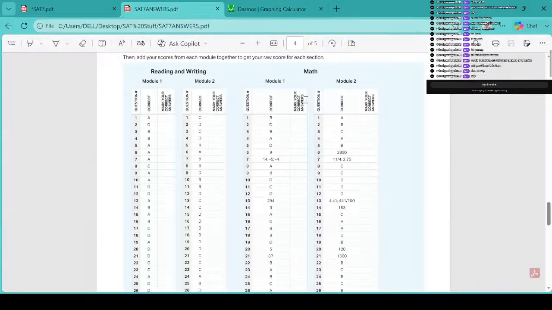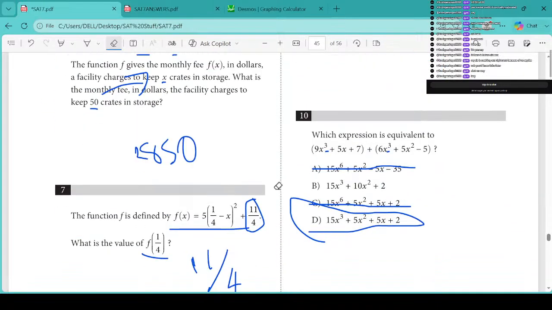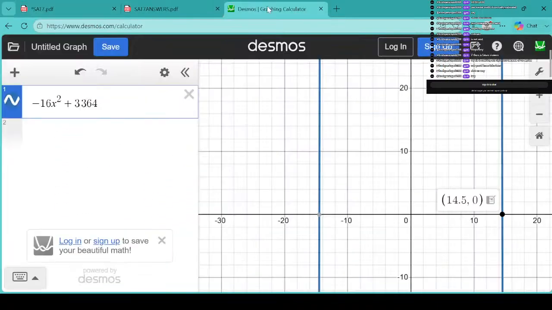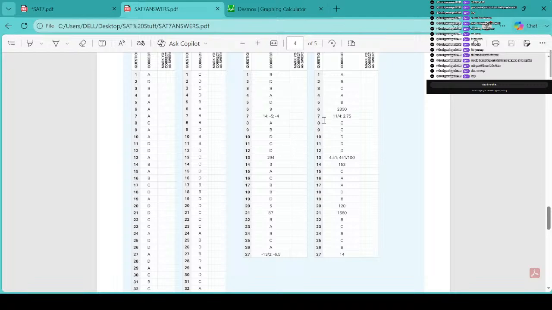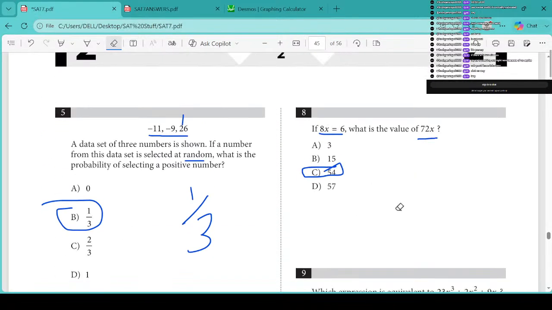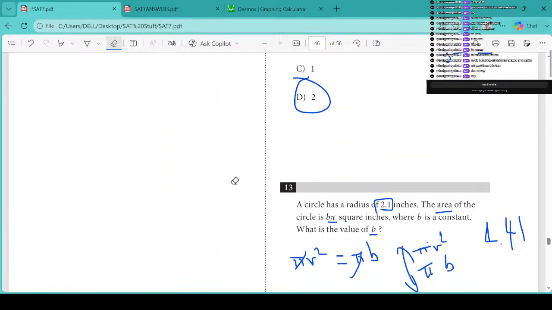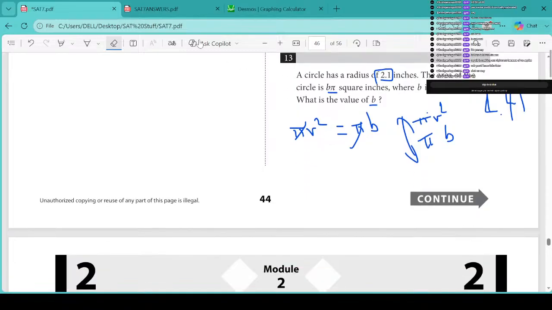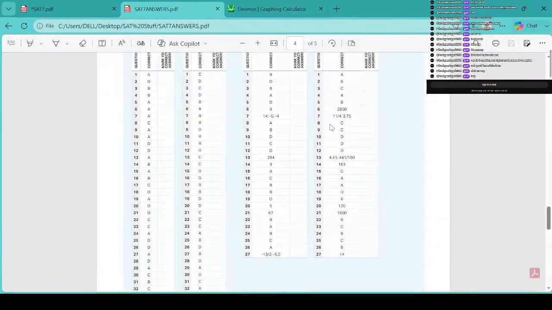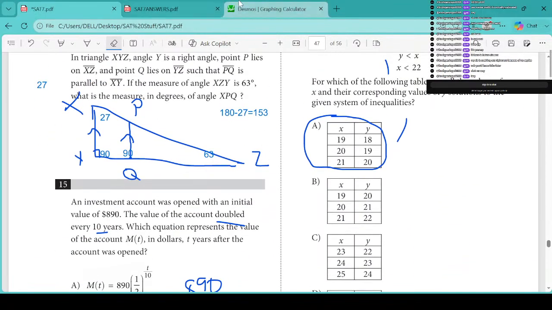Anyways, let's just check our answers real quick. 2,850, 1104. C C D D D, C C D D, and D. 4.41. 4.41, okay. 153. 153.